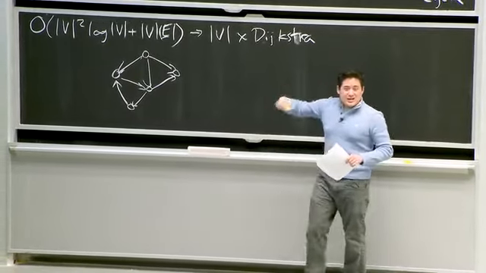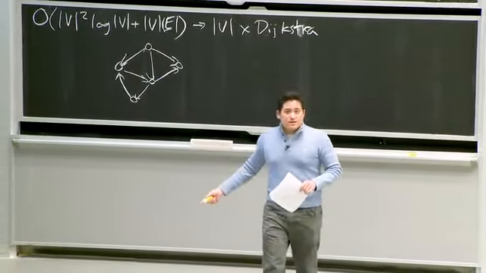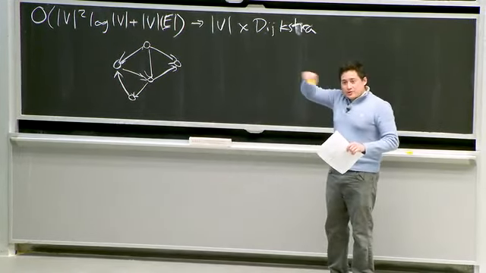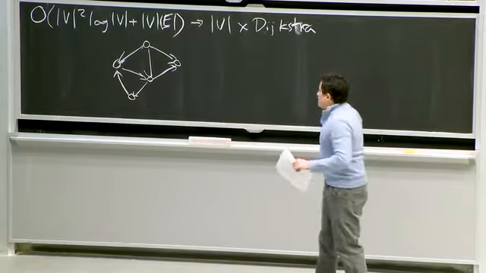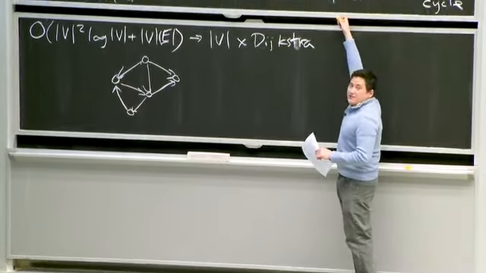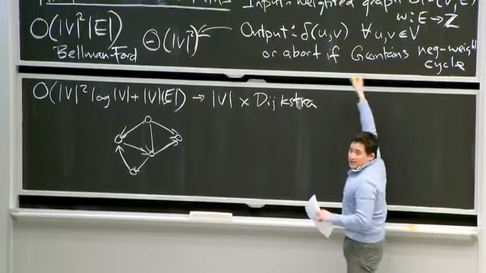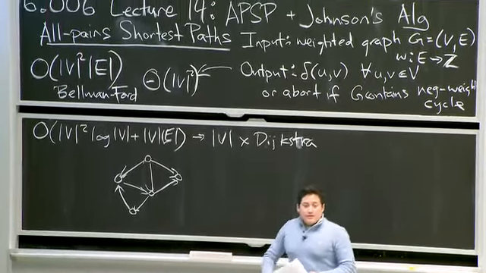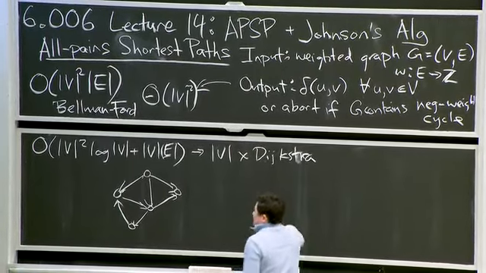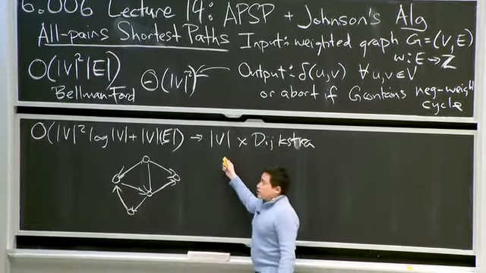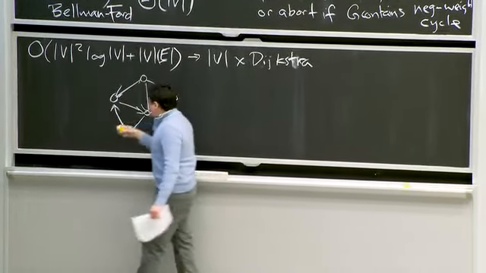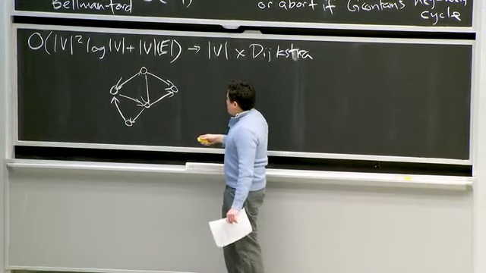I could just check each edge, see if it has negative weight, because a negative weight undirected edge is a cycle of negative weight. So if it has any negative edge weights, I could return in linear time that it does, and I can abort. Or it has only positive weights, and I can still use Dijkstra. So that's all good. So we're only concerned about needing to run Bellman-Ford on directed graphs that potentially have negative edge weight.